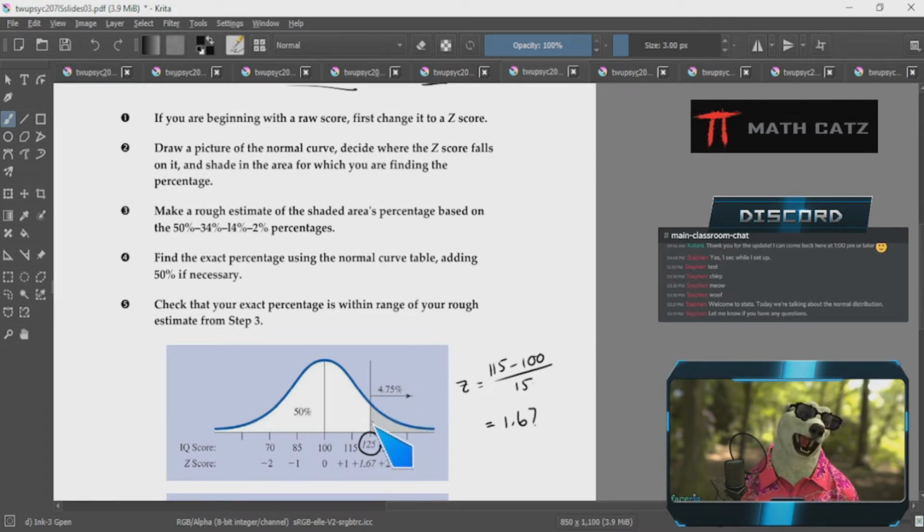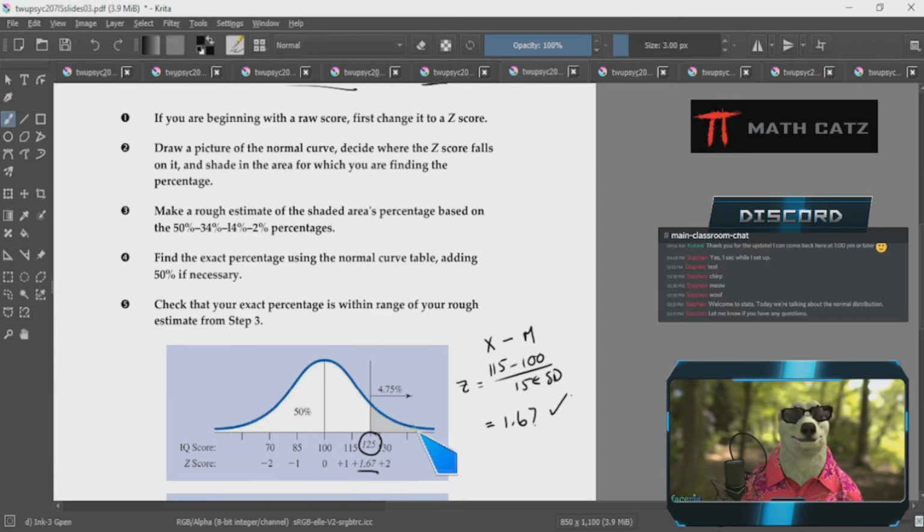How does that split up the proportion, the area under the graph? Well, I'm beginning with a raw score. I want to change it to the corresponding z-score first. I did that. Remember, x minus the mean over the standard deviation. That's my formula. So I got that. I got 1.67. There it is.